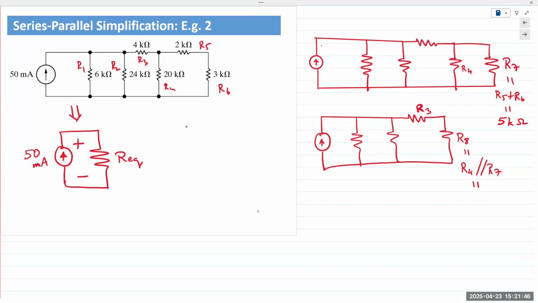Yes. 4K. Thank you. 4K. 4K. Anyone from the left or my left? Anyone at the back have a different number? Right. 4 kilo ohm. 20 times 5 divided by 25.